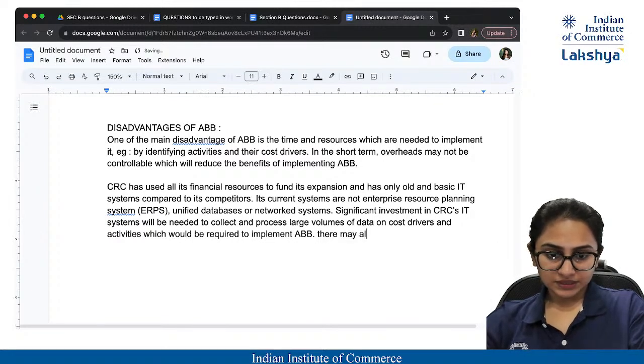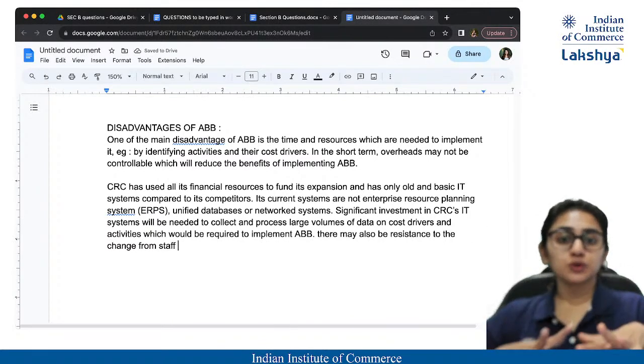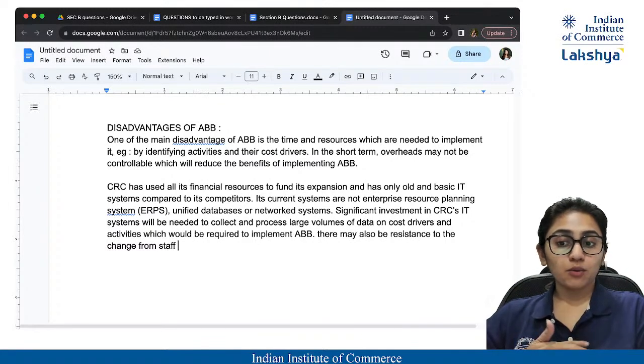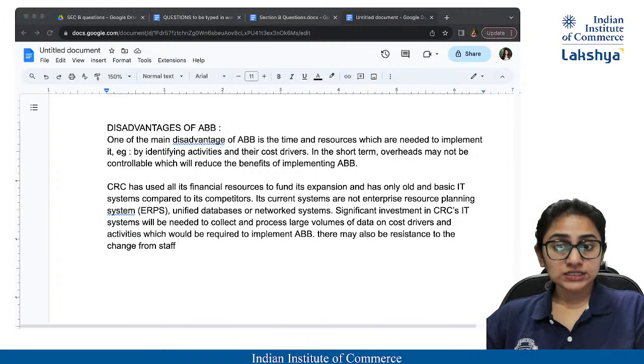There may also be resistance to the change from staff, because obviously they are not going to accept change, because staff are so used to working in the same system for 10 years that the moment you want to change the system, they will resist it: no, what's the need, we're doing it currently, let's continue it. So that is going to be a resistance that a company can face from the staff.